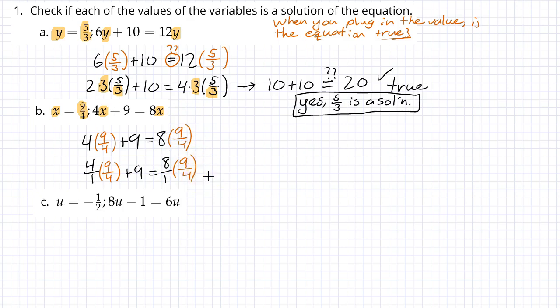So when you multiply these, we're going to get 4 times 9 is 36. That's the numerator of that fraction. 1 times 4 is 4. That plus that 9 from here still equals 8 times 9 is 72 divided by 4. And let's see what happens. 36 divided by 4 is 9. 72 divided by 4, I think, is 18.